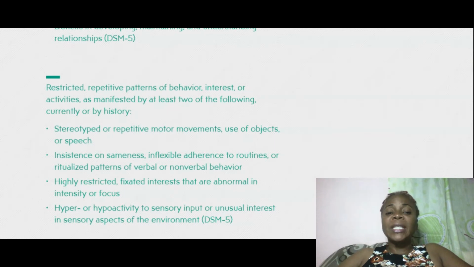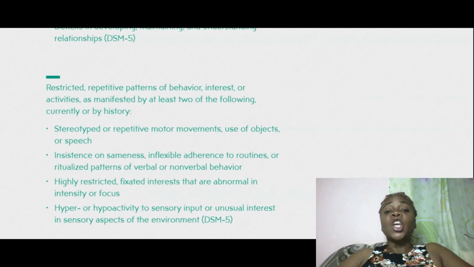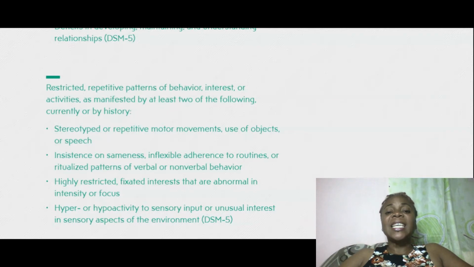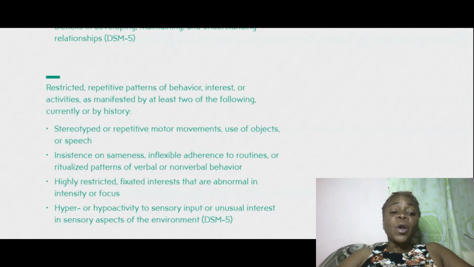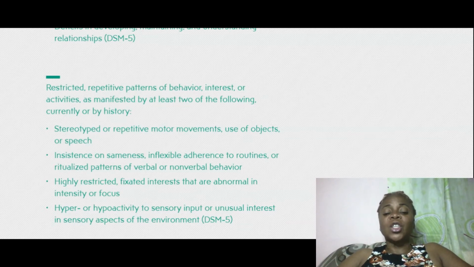the following, currently or by history: stereotyped or repetitive motor movements, use of objects or speech; insistence on sameness, inflexibility, adherence to routines or ritualized patterns of verbal or nonverbal behaviors; highly restricted, fixated interests that are abnormal in intensity or focus; hyper or hypo reactivity to sensory input or unusual interest in sensory aspects of the environment.